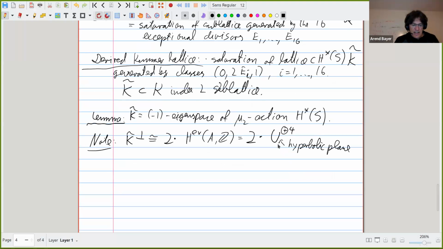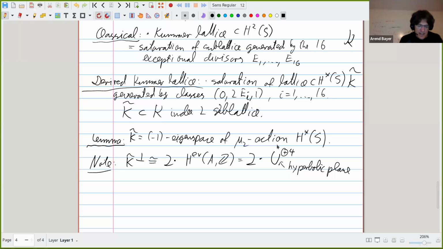Okay, and now the basic result is the following. This appeared in one version, maybe arguments like this were used by Huybrechts, Macrì and Stellari, but Addington and Thomas also use arguments like this.